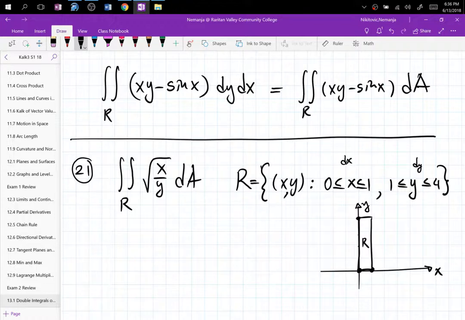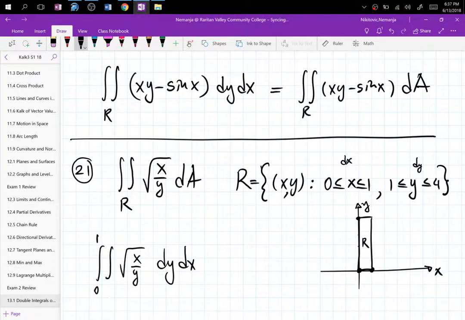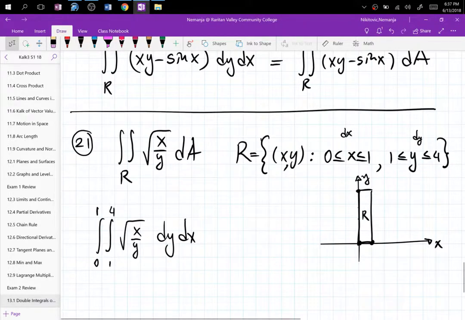Since it's a rectangle, you can write it in any order you want. So now we have a double integral of square root of x over y, and you can pick dy dx or dx dy, it doesn't matter. But then you have to be careful where you put the limits. I put dx on the outside, so 0 to 1 goes on the outside, and since dy is on the inner side, we have 1 to 4 on the inner side.